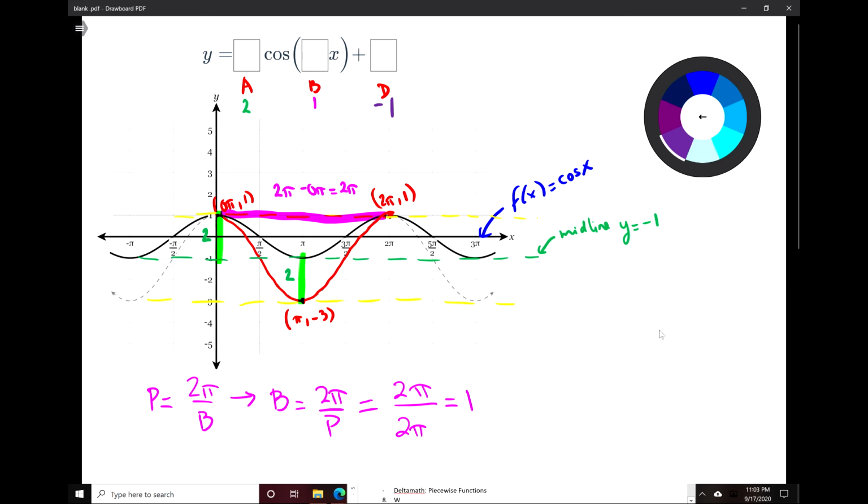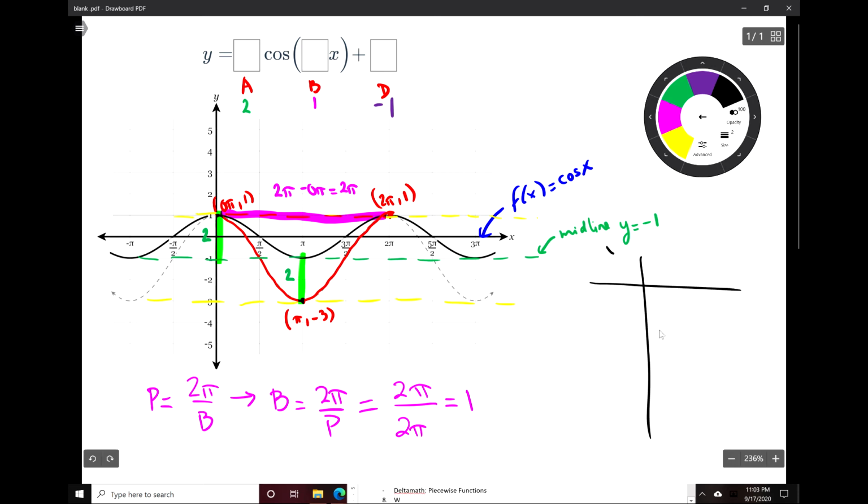So now think about if we make a table to double check our values. I have x in theta and then y. For the first one, I have 0 pi, and let's say y equals 2 cosine x minus 1, based on the numbers we just found.